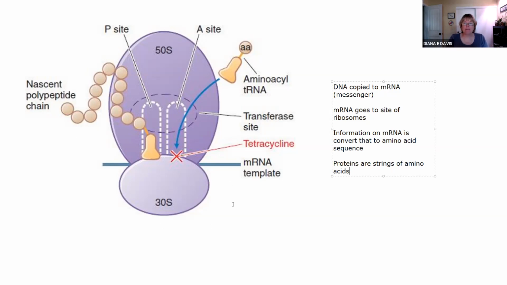Now, if you're blocking manufacturing, you can block RNA manufacturing, and that will stop protein synthesis. So the bacteria cannot make proteins. You can block the ribosome or attack the ribosome, and again, you're stopping protein manufacturing.